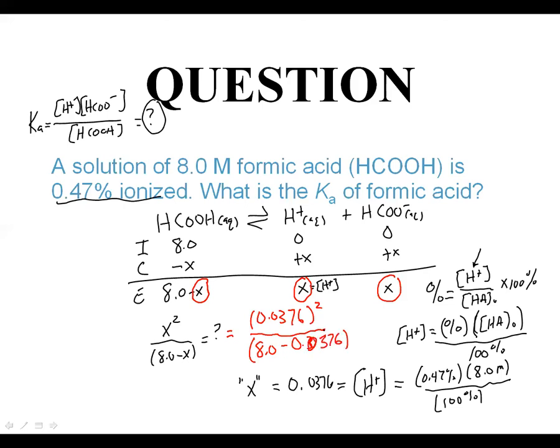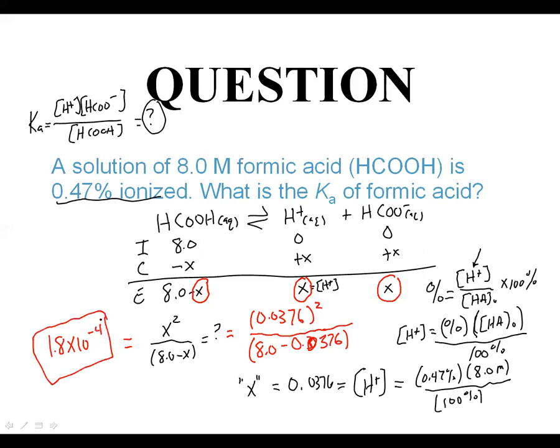If we put those numbers in, we will get the Ka value, which in this case, let's round a little bit, is 1.8 times 10 to the minus 4.